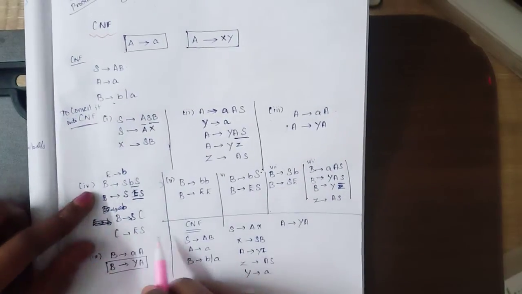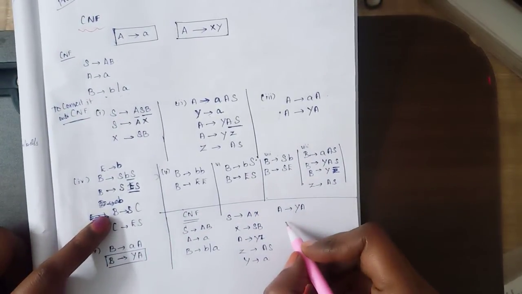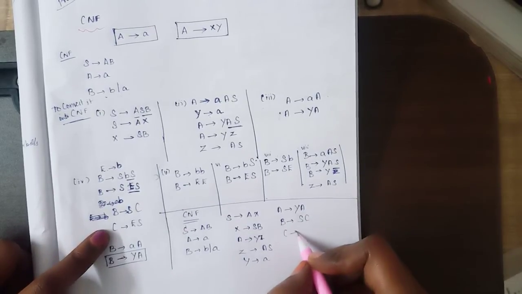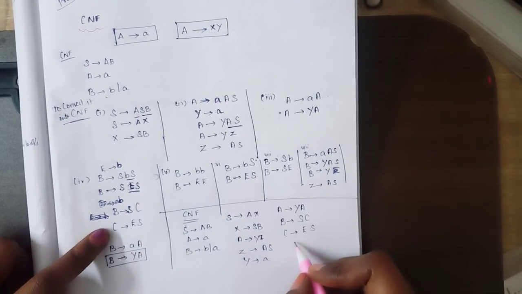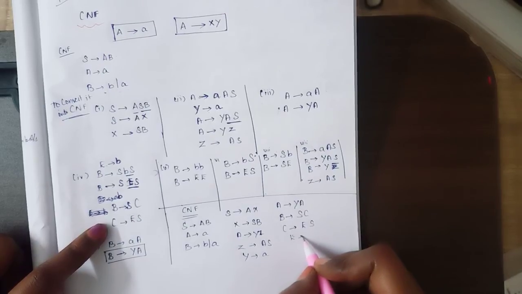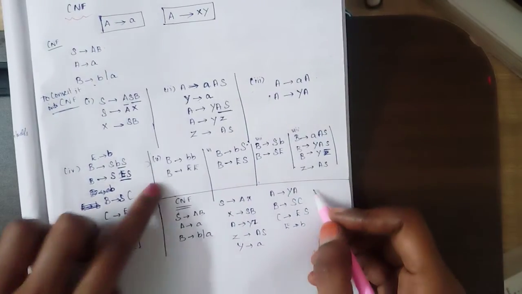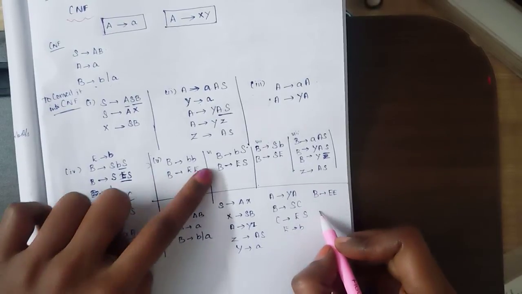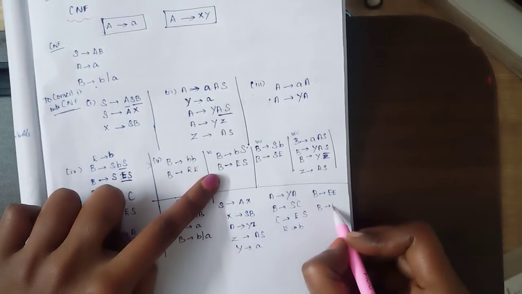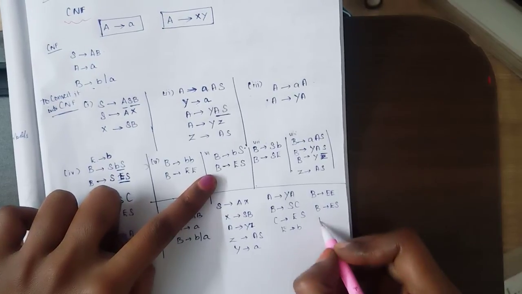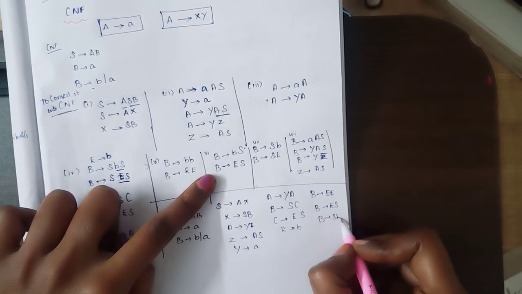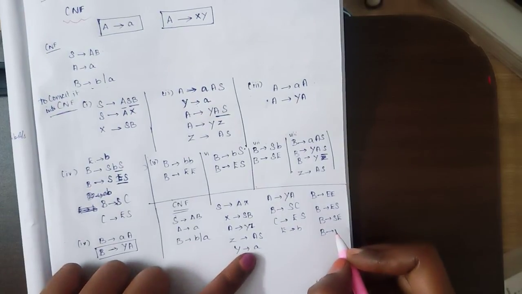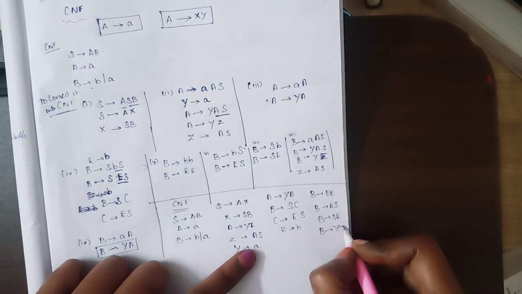After that A tends to YA. Okay, after that we have this scenario, B tends to SC and C tends to ES and E tends to b. After that we'll have B tends to EE and B tends to ES, B tends to SE and B tends to YZ.